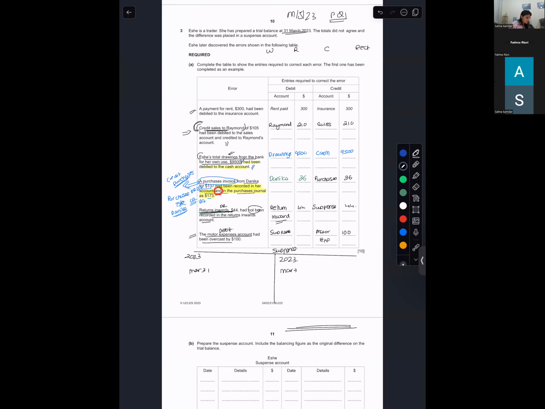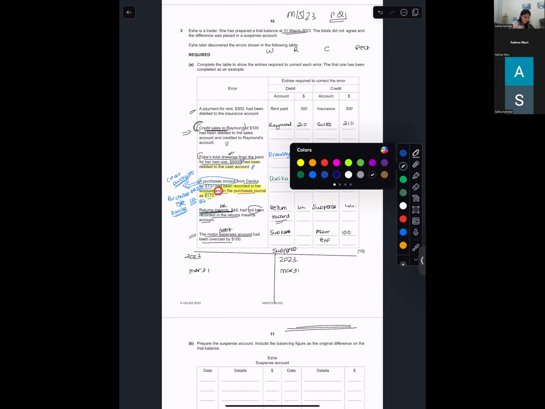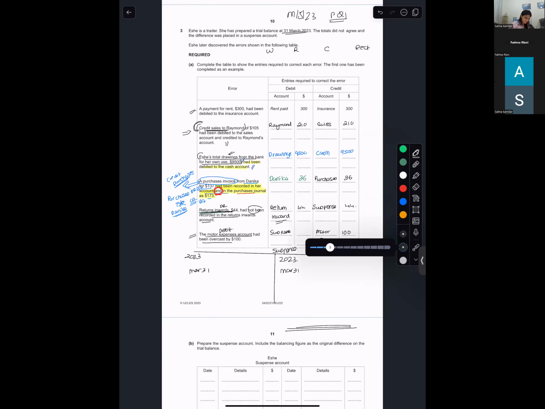Do I already know the difference in the trial balance? No. So that will be my balancing figure. It can come on the debit side, it can come on the credit side. We don't know. Are you with me?